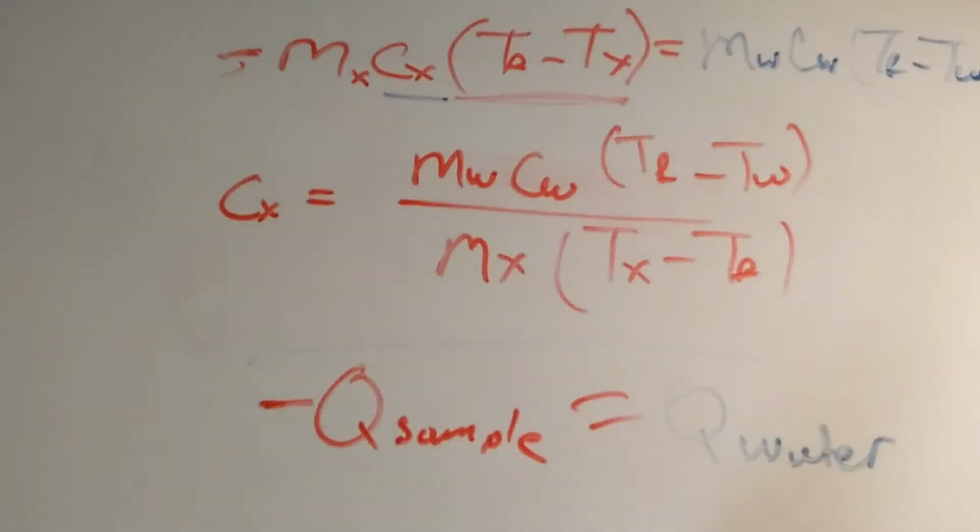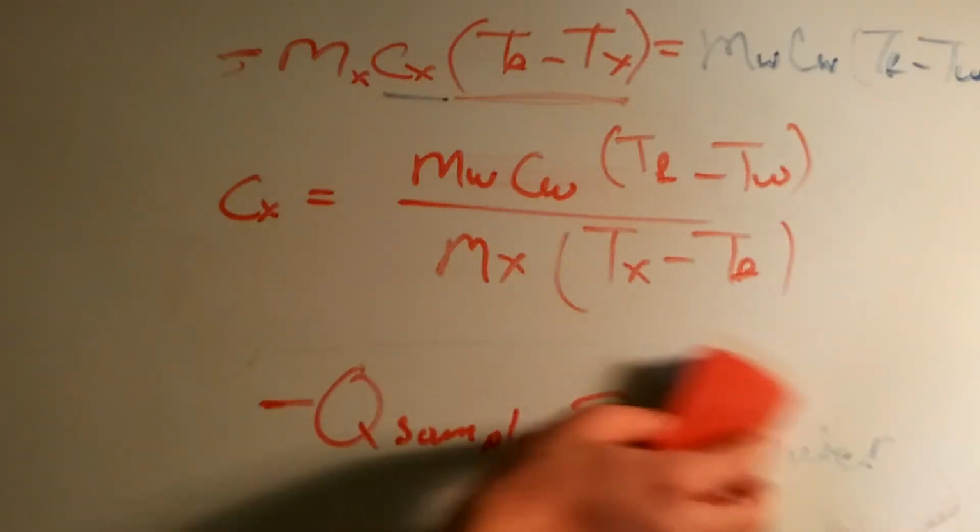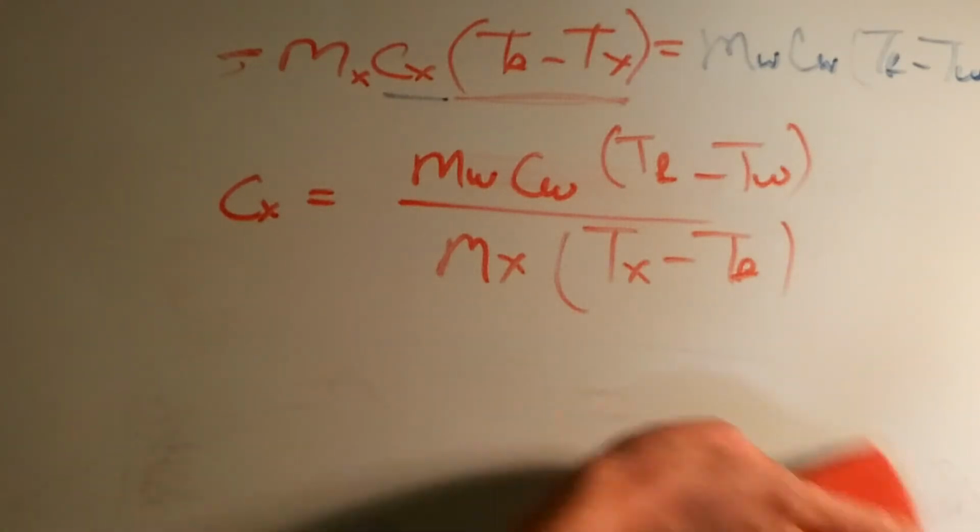And now we have the equation of a calorimeter. So basically we can calculate the specific heat of a certain substance if we insert it into a calorimeter.